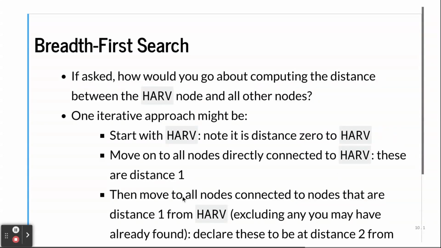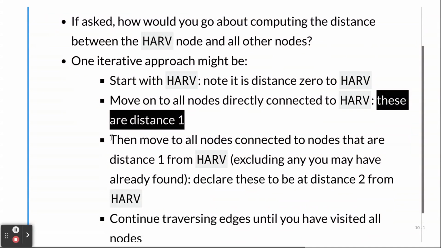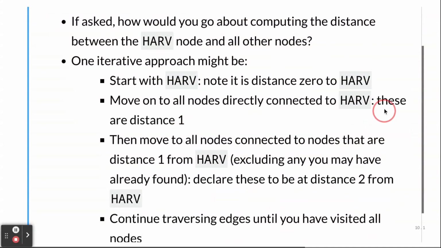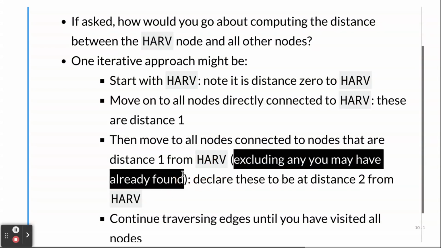Then you would move on to the nodes directly connected to Harvard and note that these are all at a distance 1. Then, starting from each of these distance 1 nodes, you would consider all the nodes that are connected to them. And you'd have to make sure not to double count anything.